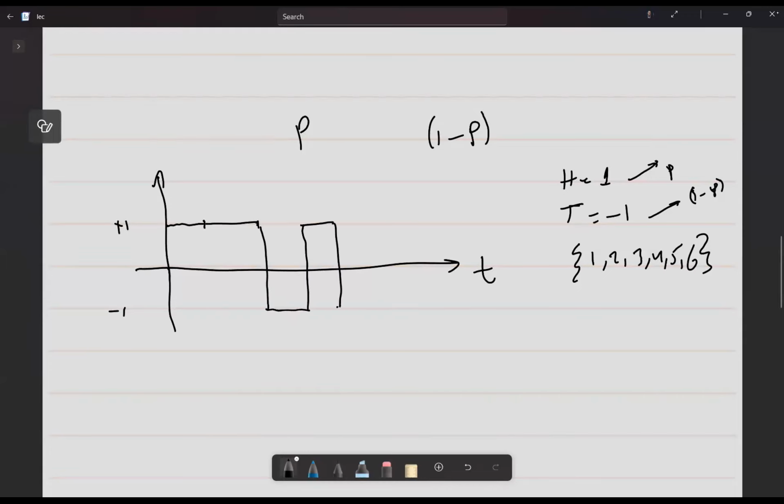We call this a random process, a stochastic process, because we don't know how it is flipping between +1 and -1. We have uncertainty here, but it is a continuous process, so it becomes a stochastic process, a random process. It is not necessarily time, by the way.